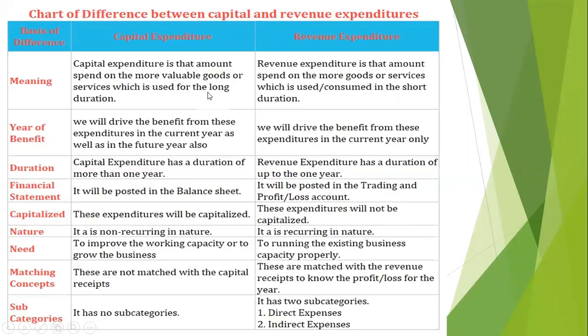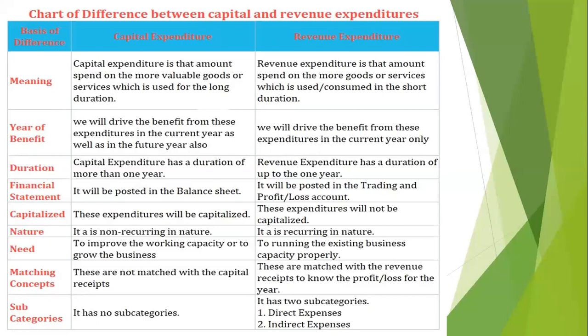Capital expenditure is for long duration and revenue expenditure is for short duration. When we talk about long duration, it means more than one accounting period. And when we talk about short duration, it means within one accounting year. And students, I'm sure you know the meaning of accounting year. An accounting year can start from any date and can end at any date, but it should have 12 months.